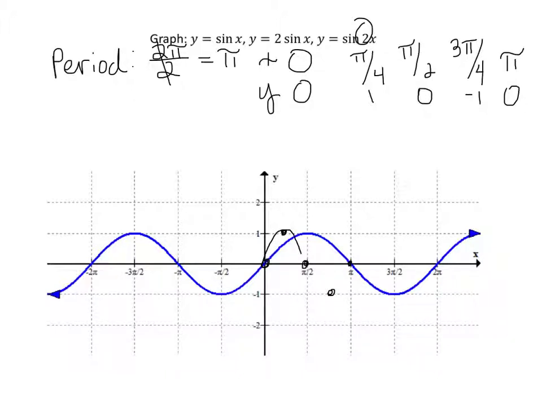And this graph has completed one cycle in a much shorter span of time. We'll proceed to finish this graph on the positive side, and we can do the same on the negative side. So when you change the period of a graph, you're squishing it together.